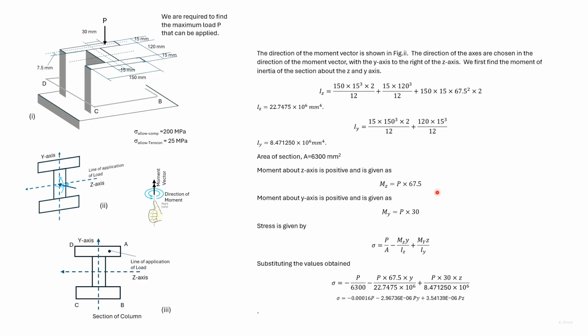These moments are with respect to P, and substituting the moments and P in the equation of stress, we get an expression of sigma in terms of P and also Y and Z.